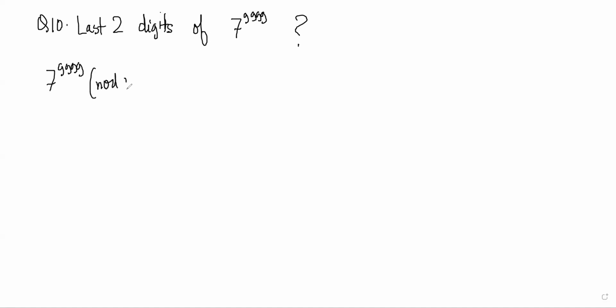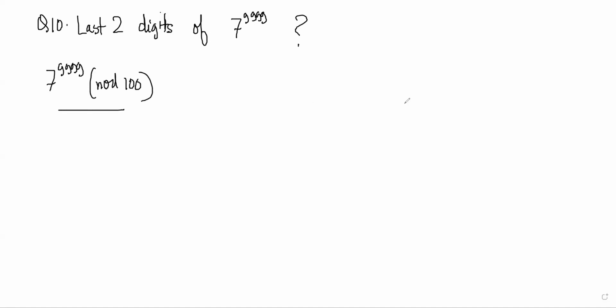Find the last two digits of 7 power 9999. So what we have to think about here is 7 power 9999 mod 100, the remainder when it is divided by 100.